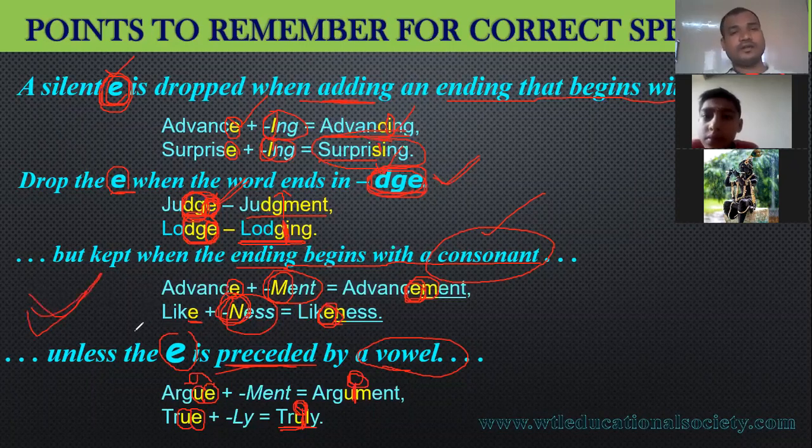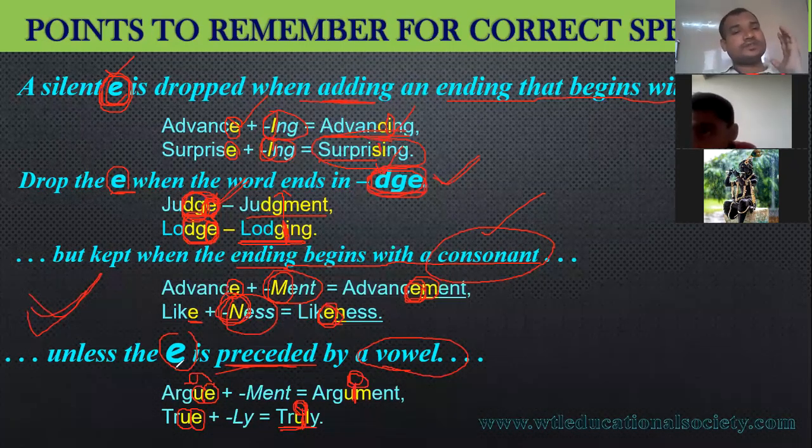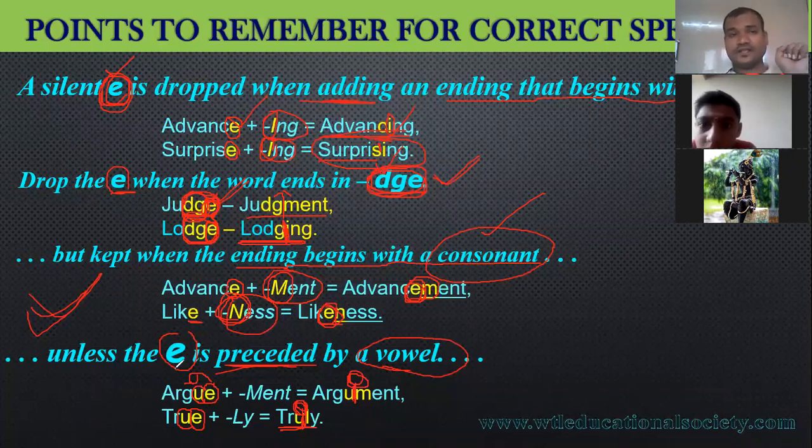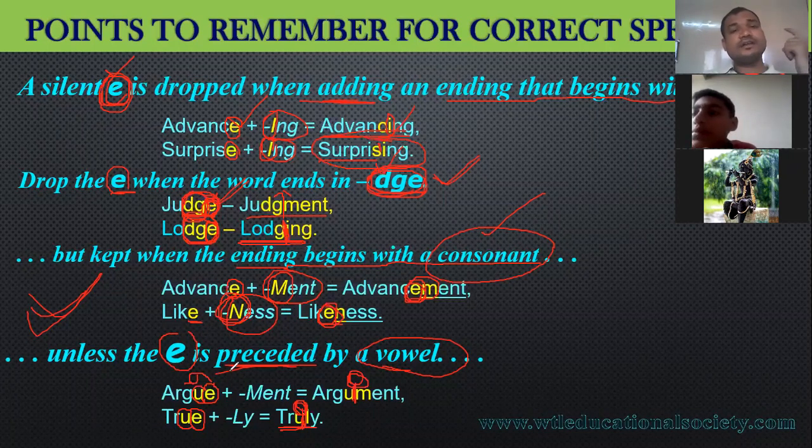Now, the third point, we need to drop the letter E if it is preceded by a vowel, like argue. That's why we just removed E.